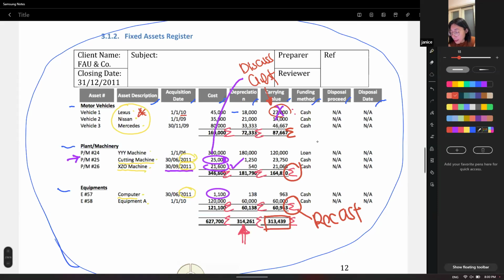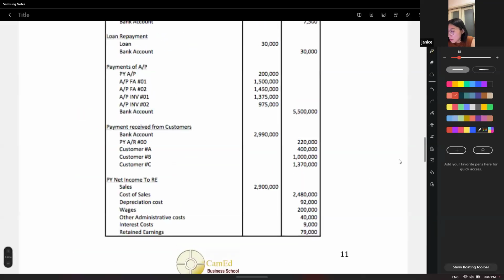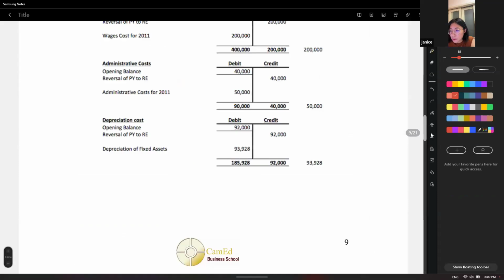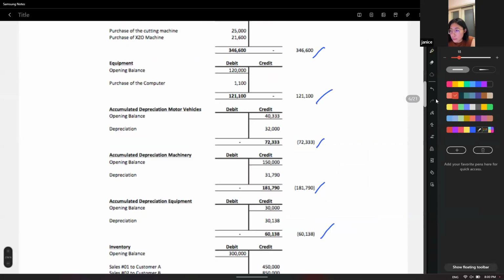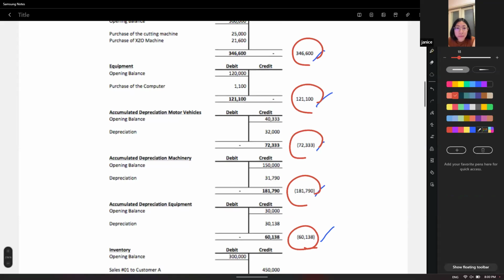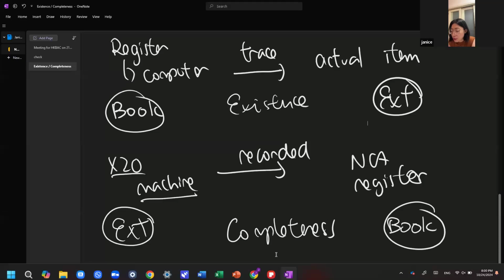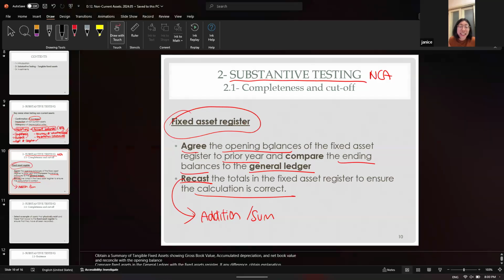We make sure the total amount here, the 313,439, the ending balance, matches our GL, right? We match the GL amount here. Okay, so by doing that, we make sure that my register is properly reported to the financial statement.